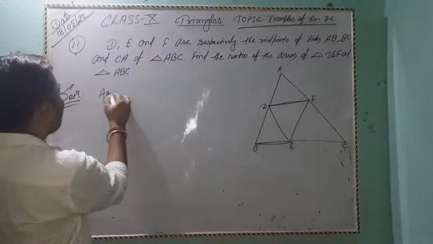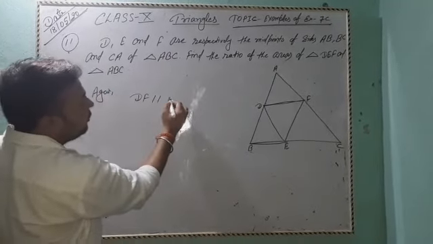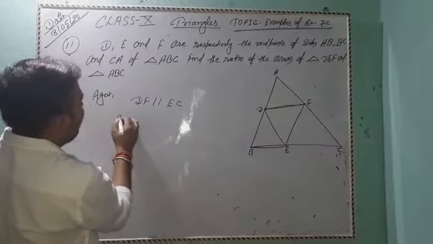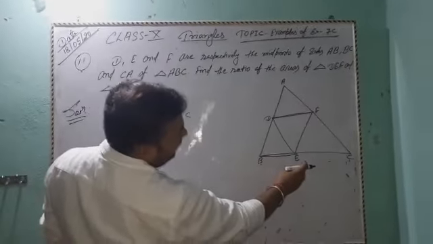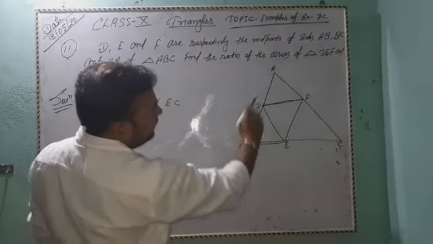Again, DF is parallel to EC, and D and E are the midpoints of side AB and BC.